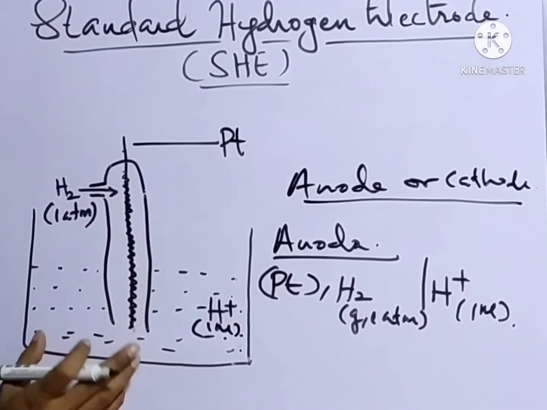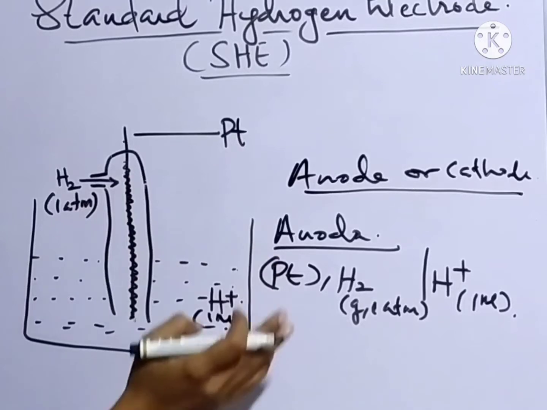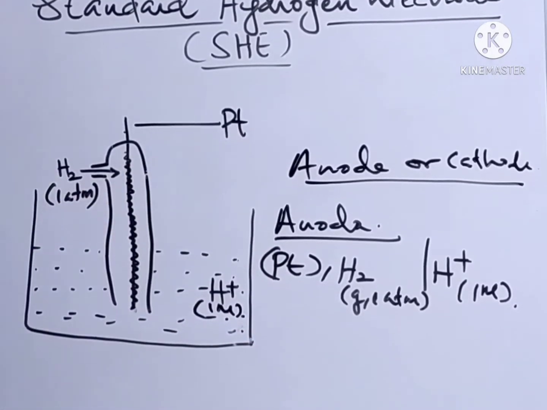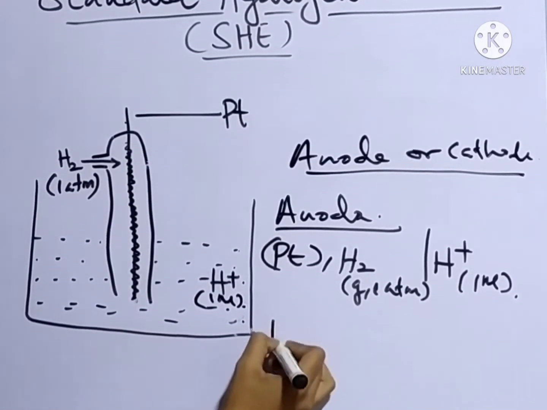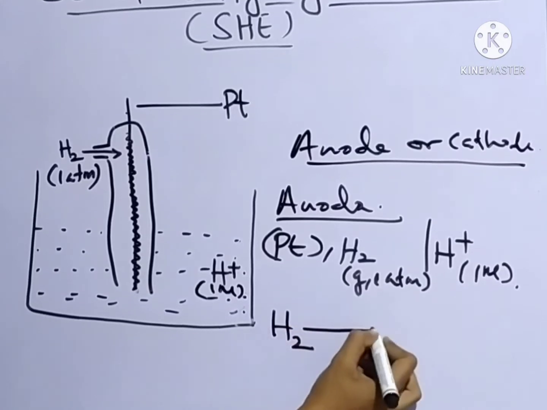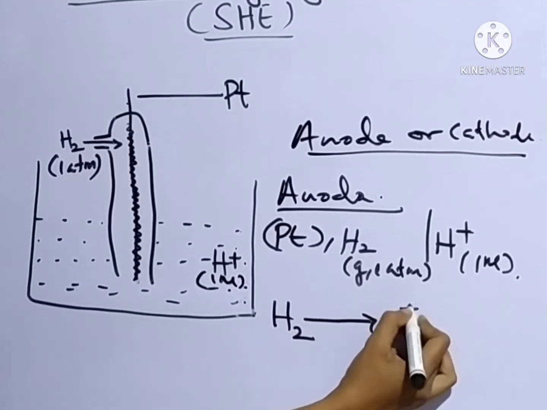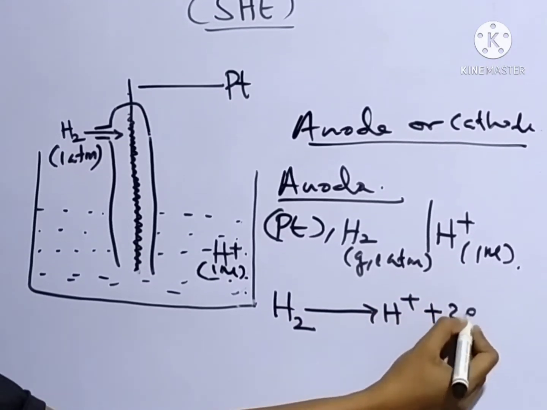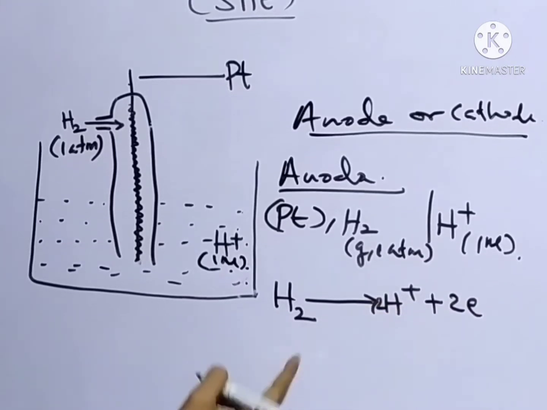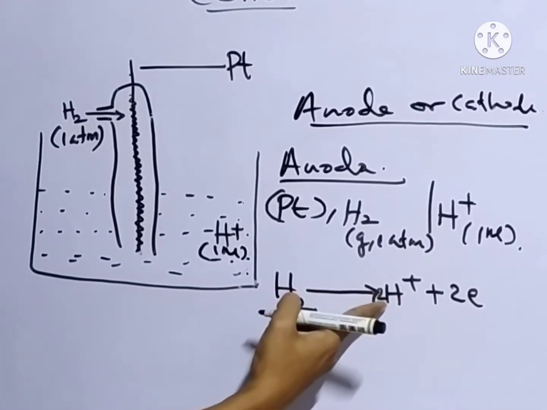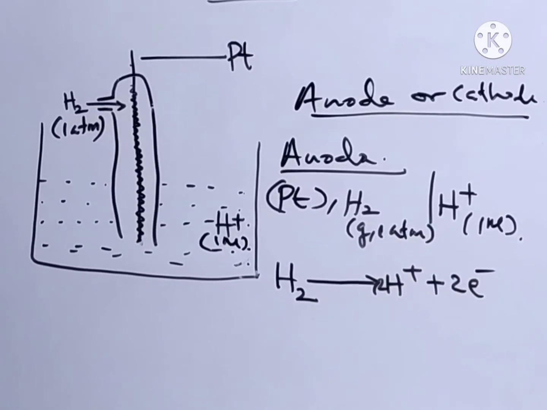And this standard hydrogen electrode acts as an anode. We know the anodic reaction is oxidation. So H2 is converted to 2H plus plus 2 electrons.